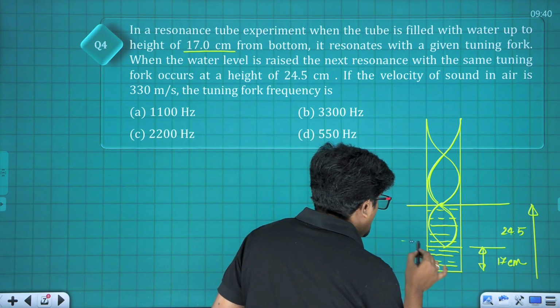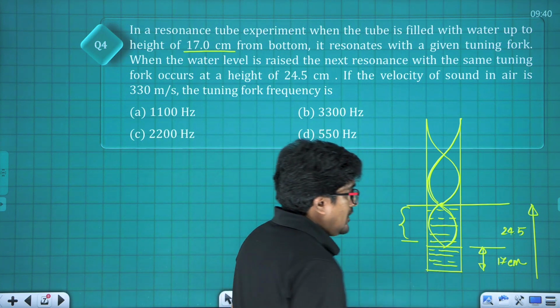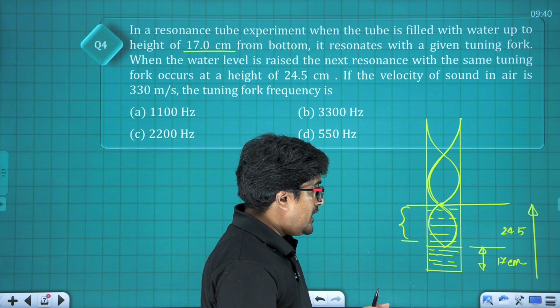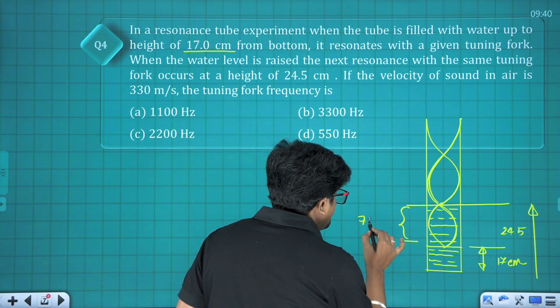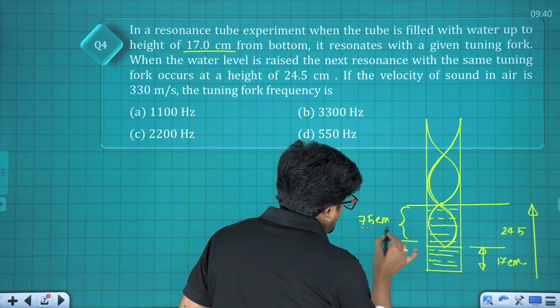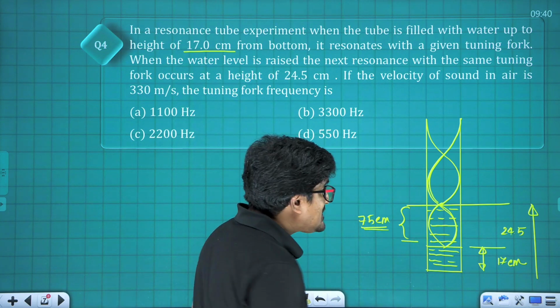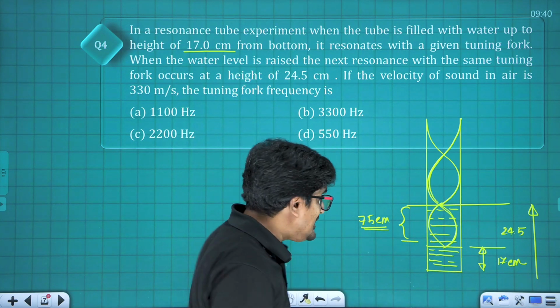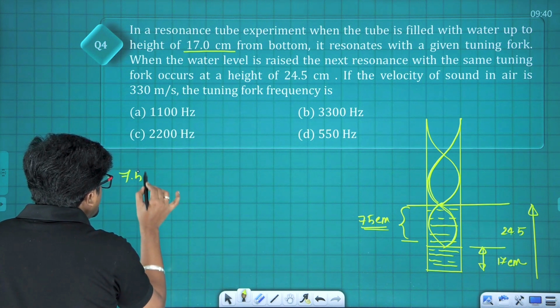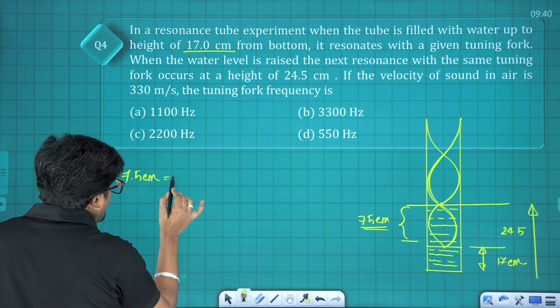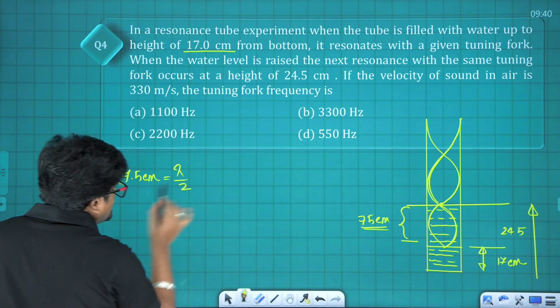So definitely what is this difference? 24.5 minus 17 is 7.5 centimeter, and it is crystal clear this 7.5 centimeter is equal to lambda by 2.